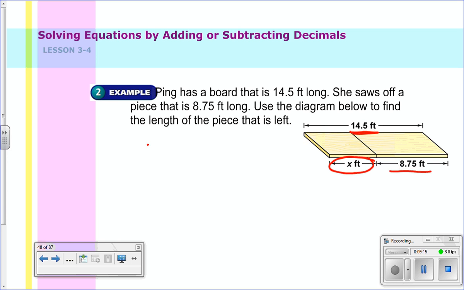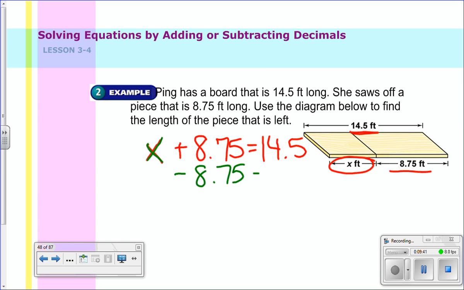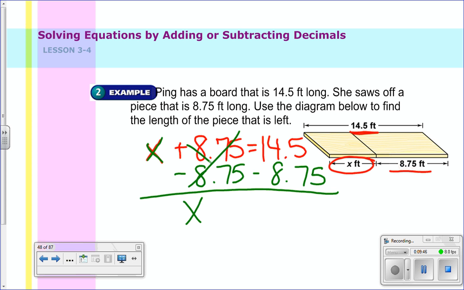So if we write this out, well, we write the pieces first. I know one piece is x feet long, and I know the second one is 8 7/5 feet long. If I add those two pieces together, that'll give me the whole of 14 5/10 feet long. So now I have it written out, so now I have to solve it. So I go through those steps. Well, x is my variable. On the same side is 8 7/5, so I subtract it from both sides, and I'm left with x is equal to, well, I have a positive 14 5/10 and a negative 8 7/5.